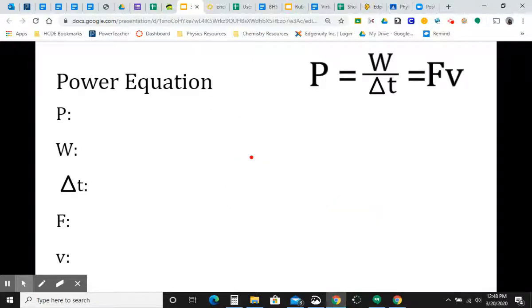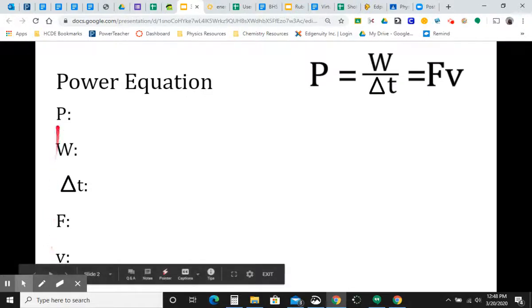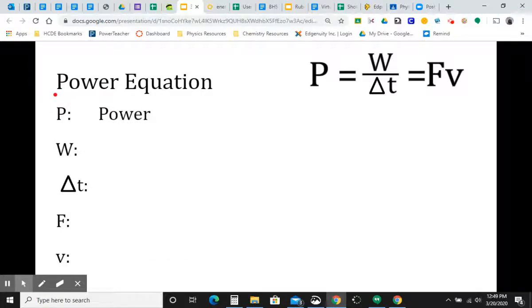So those are our main equations. I think the most useful ones out of that are going to be the first one I gave you and the last one, although the second one in the middle might come in handy too. But before we use any of them, let's go through and make sure we know what all these variables stand for. So the P is for power, obviously.